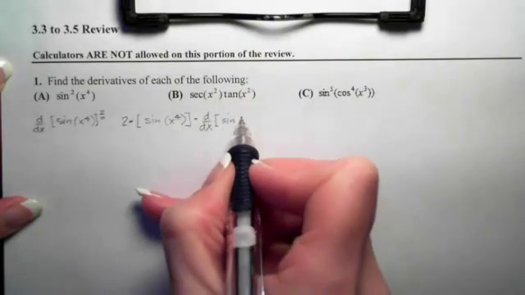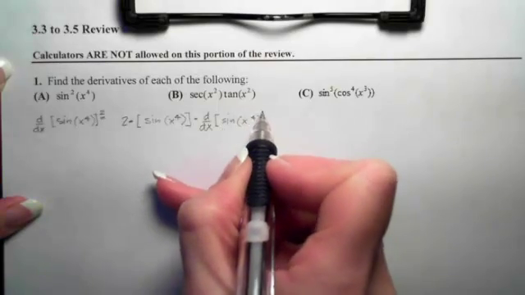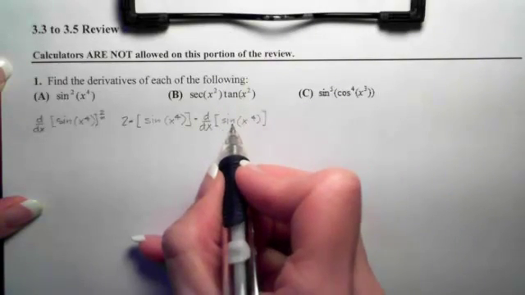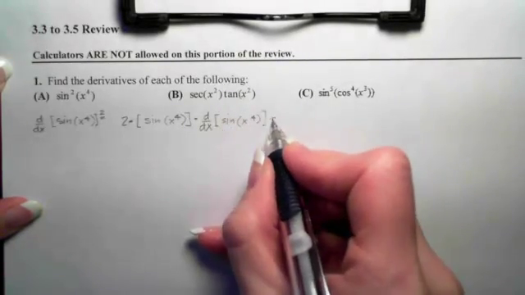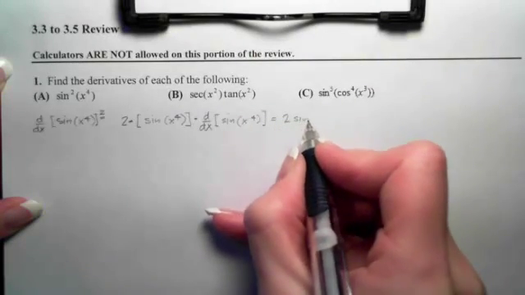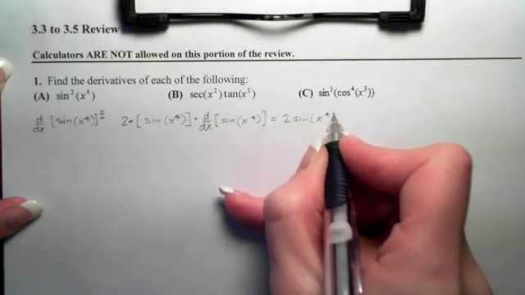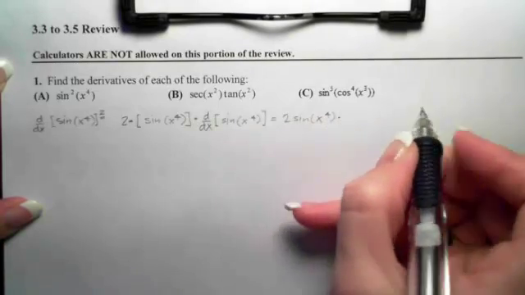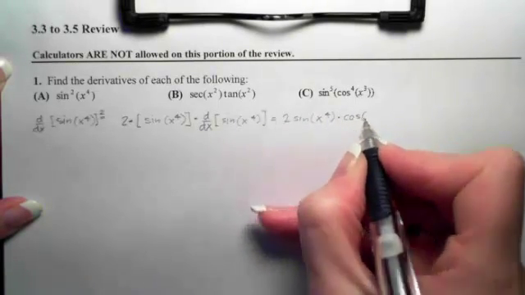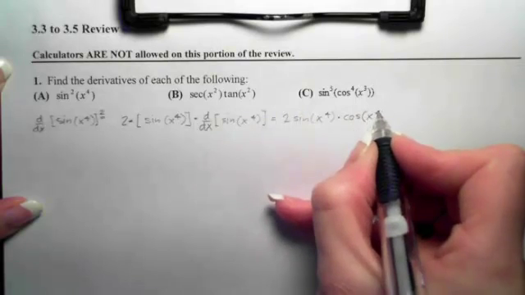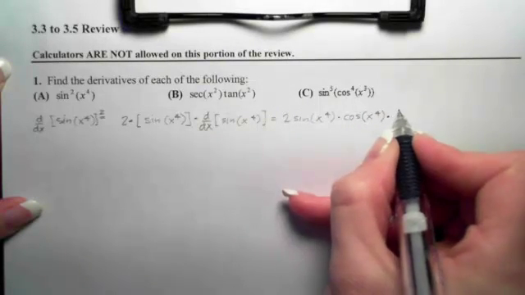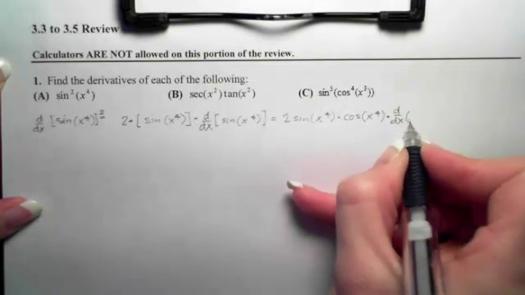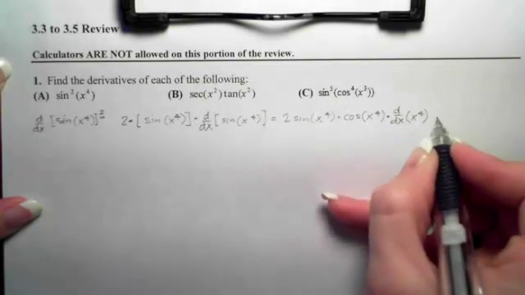So if we now look at what is inside that derivative, the first rule that we will hit will be the sine. So that will be 2 times the sine of x to the fourth times the derivative of sine, which is cosine of its inside unchanged, times the derivative of the final inside.